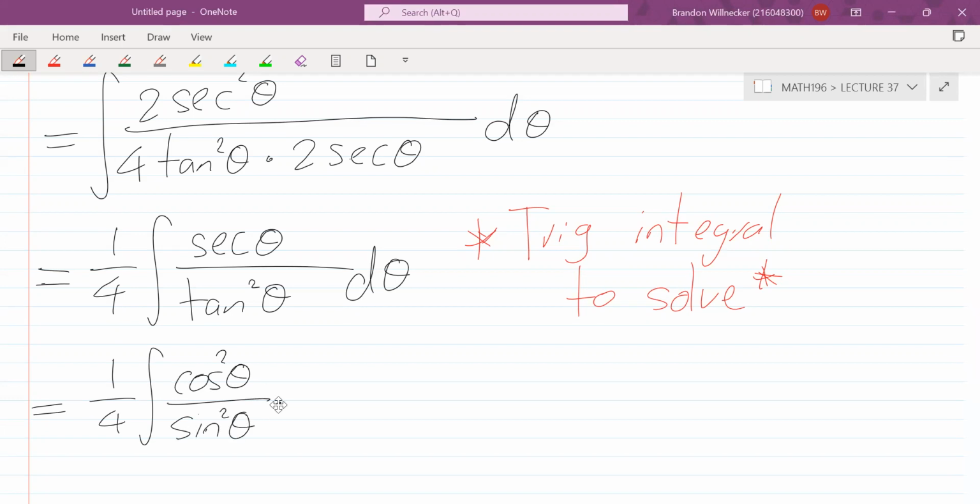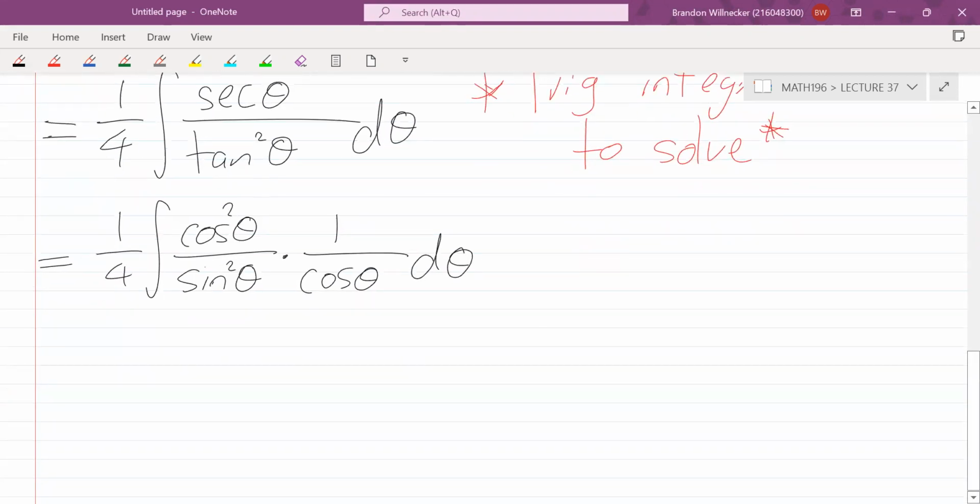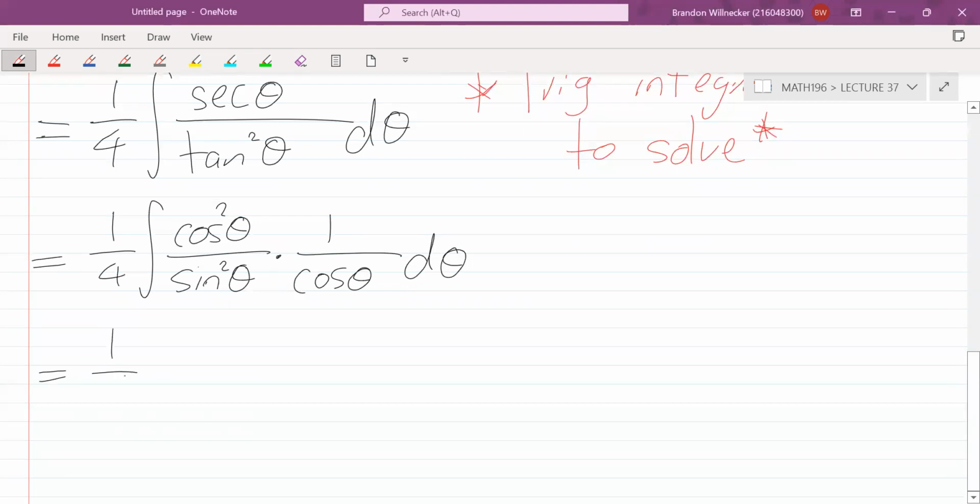And sec theta is 1 over cos theta. Now, cos squared at the top, cos at the bottom, they're going to cancel. So we have 1/4 the integral, cos at the top, sine squared at the bottom, d theta.